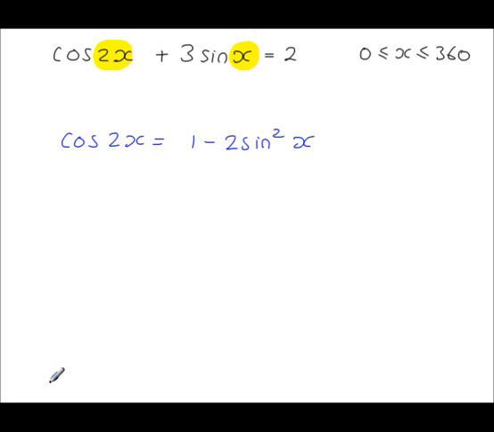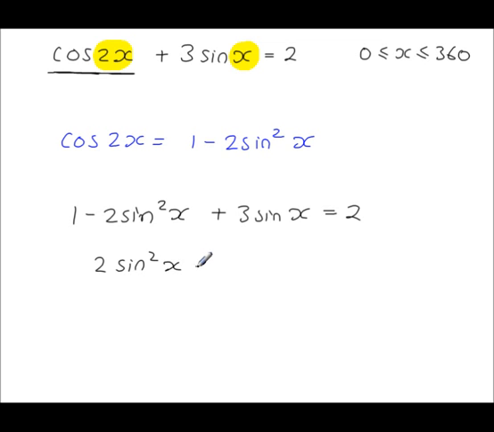So now we have 1 minus 2 sine squared x for that term, plus 3 sine x is equal to 2. And if I take all of these terms to the right hand side, keeping the squared term here positive, then I have 2 sine squared x minus 3 sine x plus 1 equals 0.